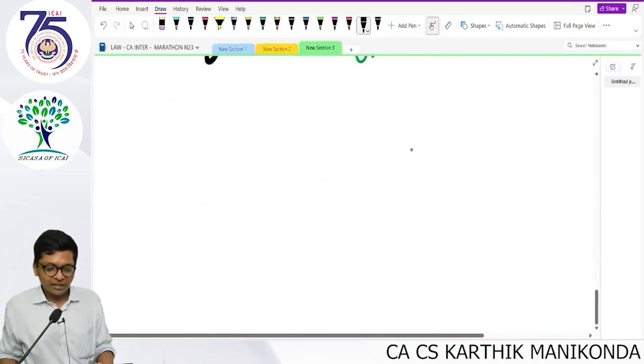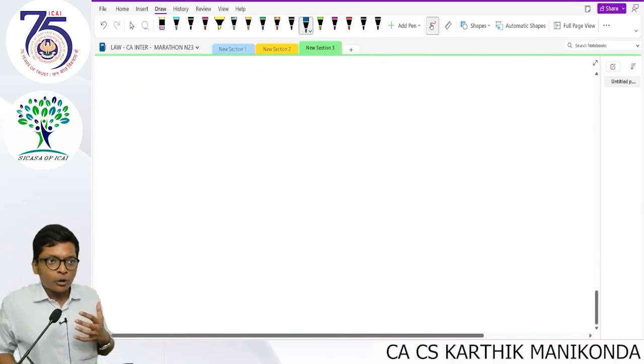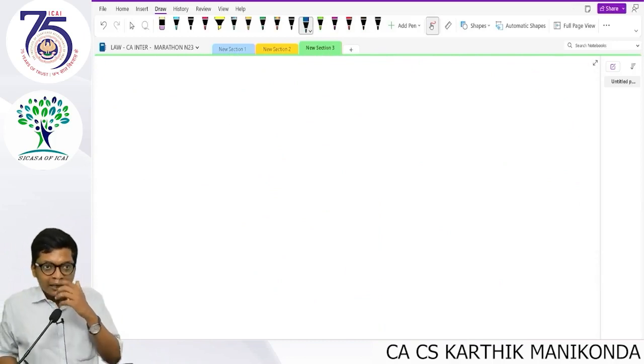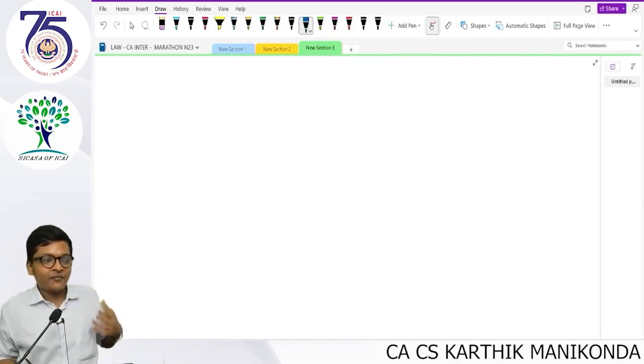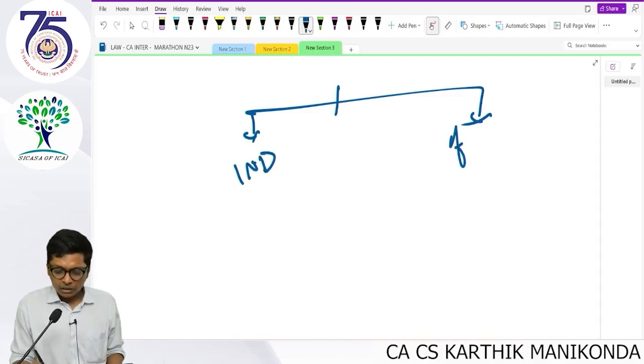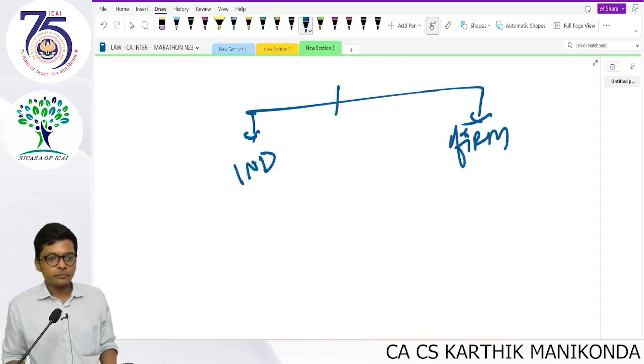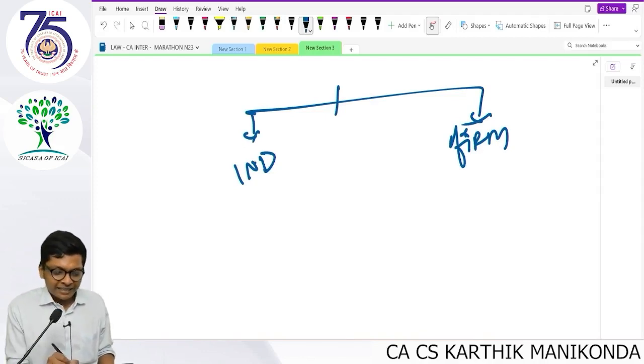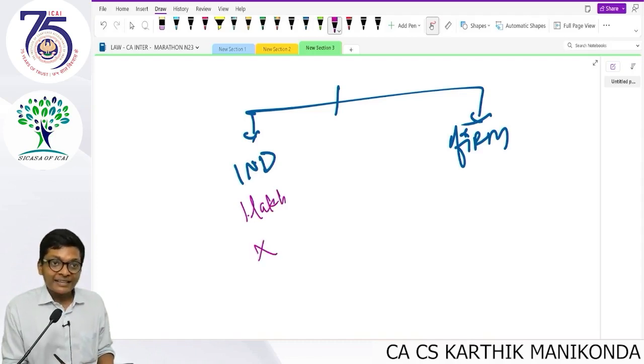That's about NFRA. Clear? Any auditor who is not following provisions properly faces a penalty under NFRA sections. What is the penalty? If he's an individual, the penalty is 1 lakh up to 5 times.